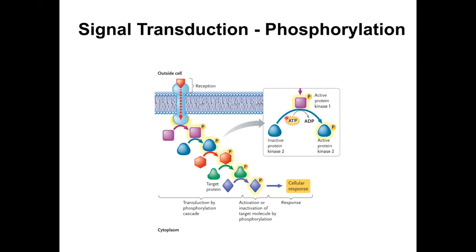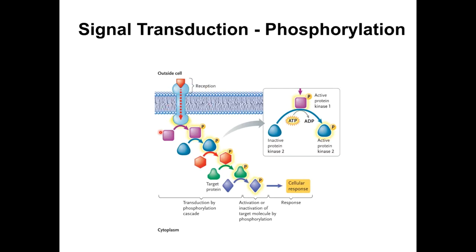So basically you can see here on the right, they take the specific target molecule, in this case an enzyme, and an ATP molecule, and they transfer one phosphate group from this ATP molecule to the target protein. By doing that, they basically convert the target protein from inactive to active.